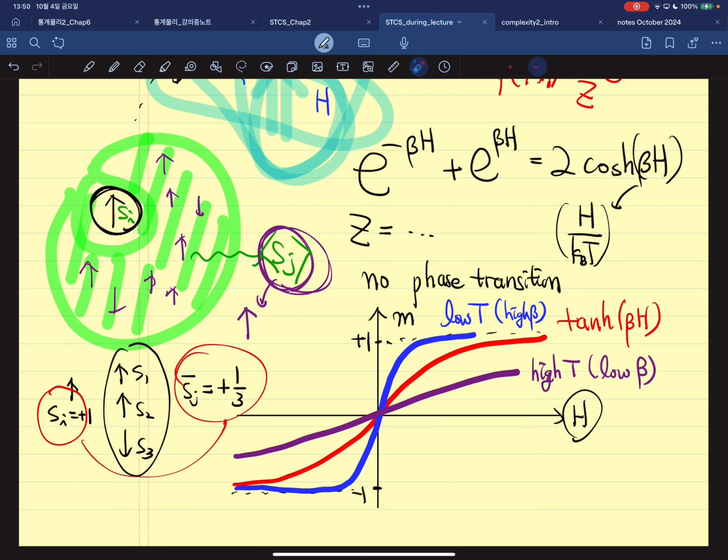As you can see, in the case of paramagnetism, you don't need to care about this at all. You just deal with the real single object called the external field. So this so-called mean field approximation is not really an approximation. It's the exact treatment for the paramagnetism.